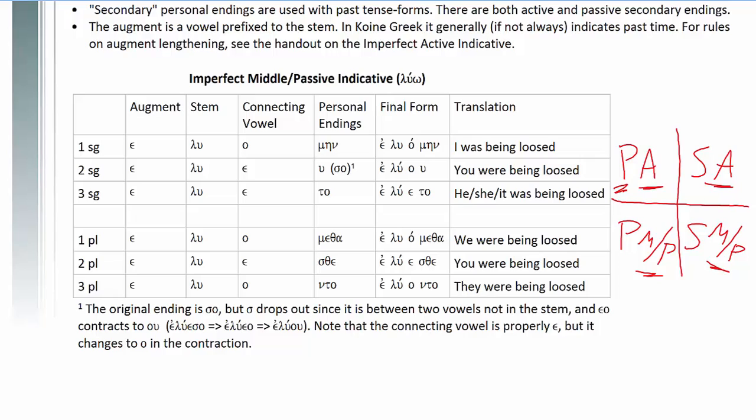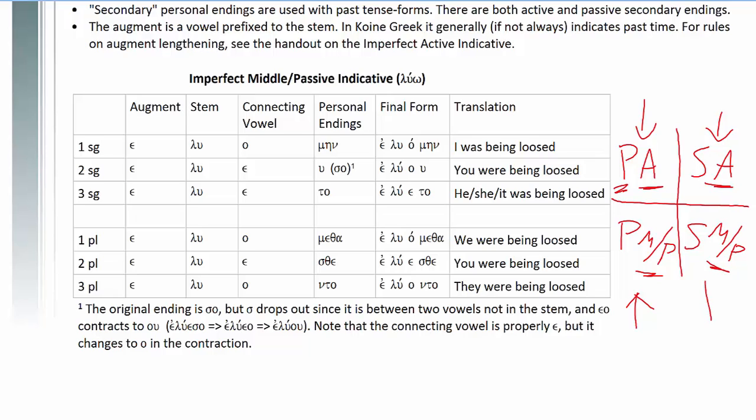So remember the present active, if we go through these real quick: o, eis, ei, omen, ete, ousi, with the connecting vowel. And then with the connecting vowel for the secondary active: on, es, e, omen, ete, on. The primary middle passive being: mai, sai, tai, methha, sthe, ntai, and remember the sai generally contracts to an eta with an iota subscript.